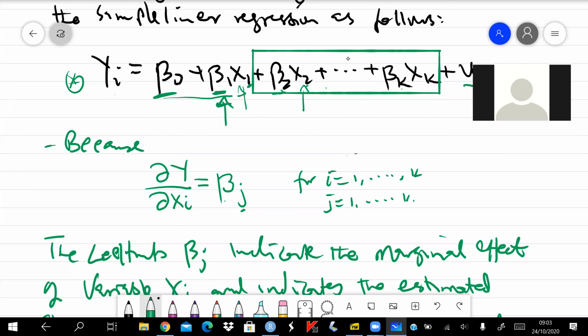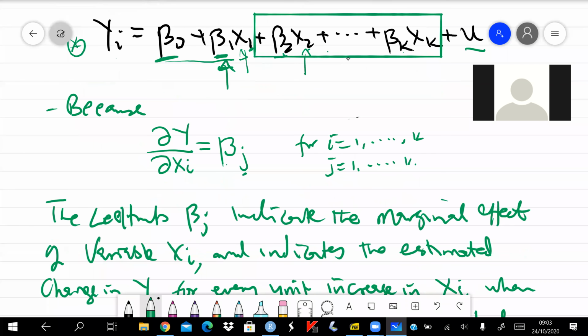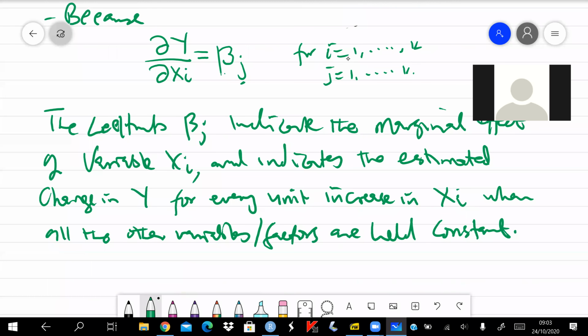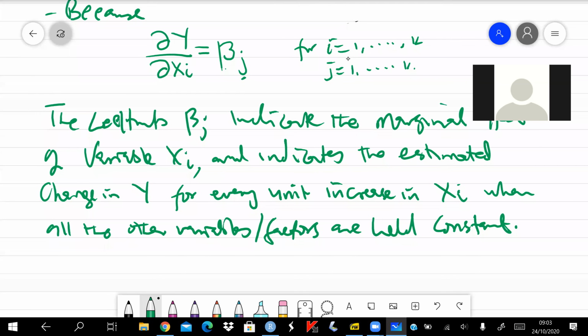So you interpret the effect of one variable when you are holding the effect of all the other variables or factors constant. That's still the same concept as ceteris paribus. Okay. All right.